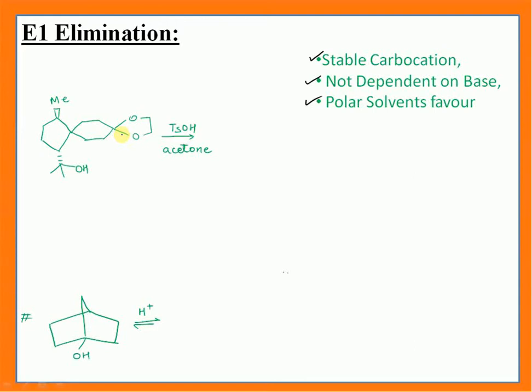Same things will be applied here, right? When we remove this OH from this position, a positive charge develops here. This will be your intermediate. Then in the next step, one proton from this carbon or from this carbon, anyone can participate. This will be removed and we have a double bond at this position. I am writing it in a single step that we have a double bond here.